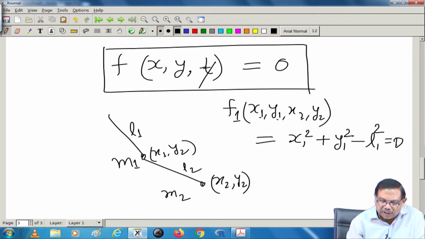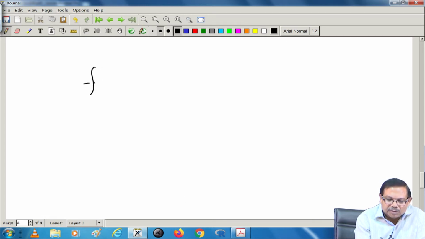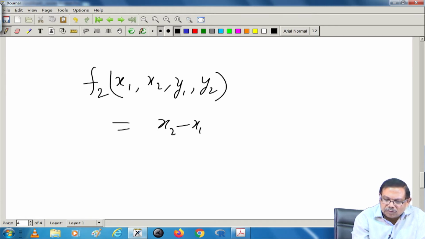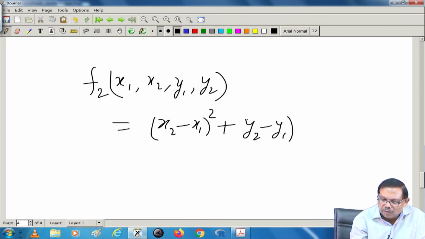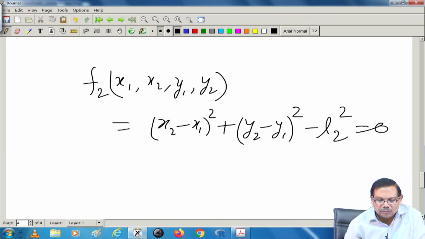Second one is this length L2 is fixed. So, the second constraint equation is a function of x1, x2, y1, y2, and that would be (x2 minus x1) whole square plus (y2 minus y1) whole square minus L2 square, that is equal to 0. So, I have 2 functions of coordinates which are 0.